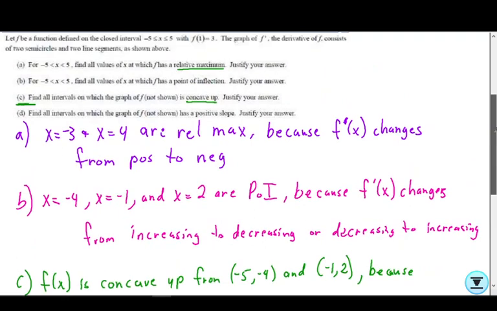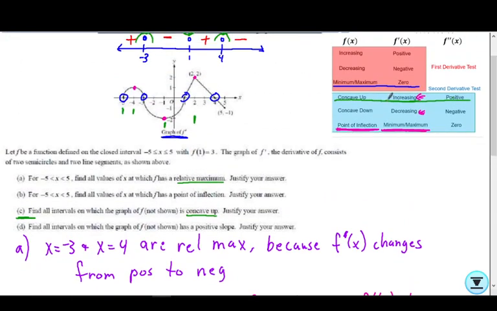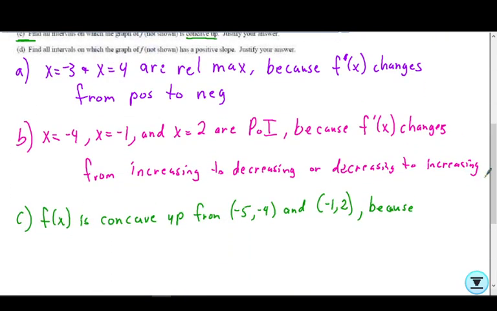We have to do it in terms of the first derivative. It's concave up because my first derivative is increasing there. So we're going to say that because f prime of x is increasing. And that's it. How do we know? Well, I know that it is concave up there because the derivative is increasing.